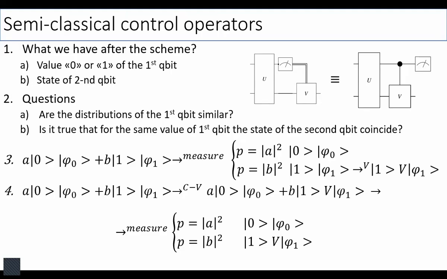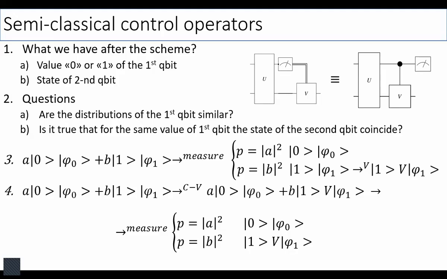And we will get 1 with probability B squared, and we go to this state. If we got 0, the states coincide. If we get 1, the states coincide. And probabilities are also equal. So it seems that this operation doesn't give us anything new.